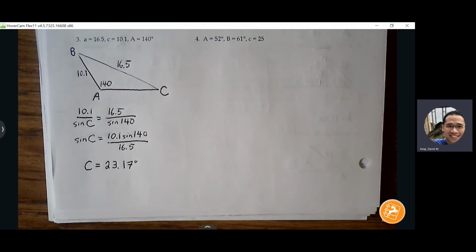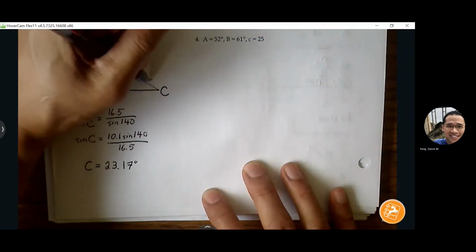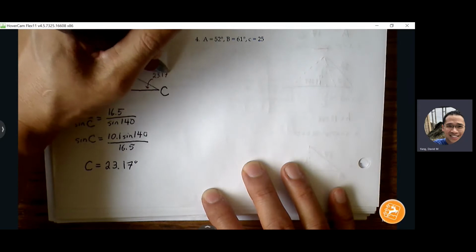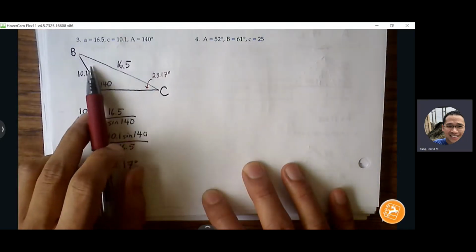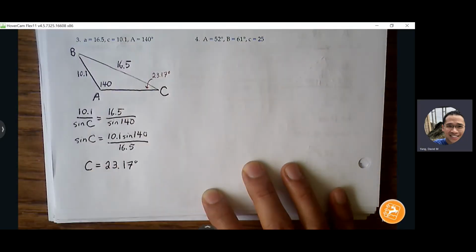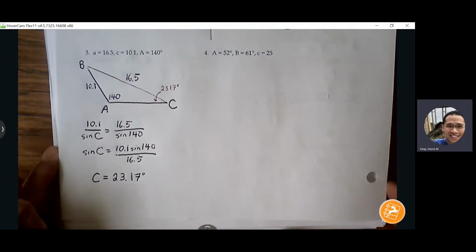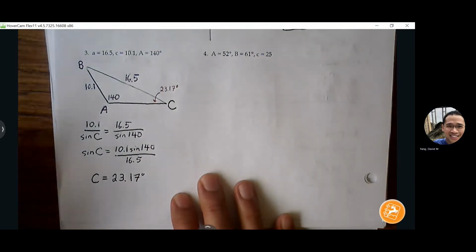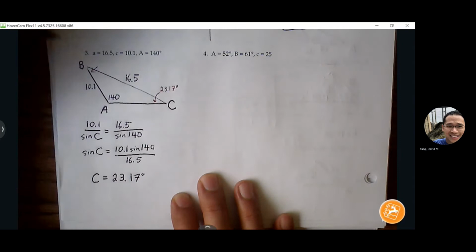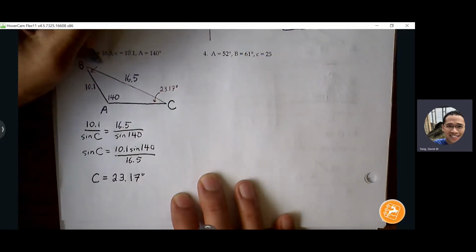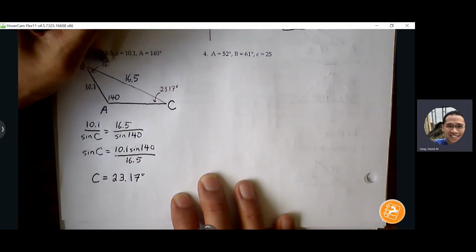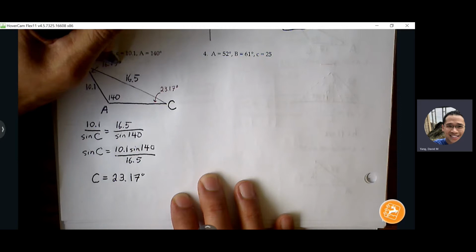Okay, so now once you find that angle C, we can work backwards. We can find that angle B. Subtract from 180. Yep.